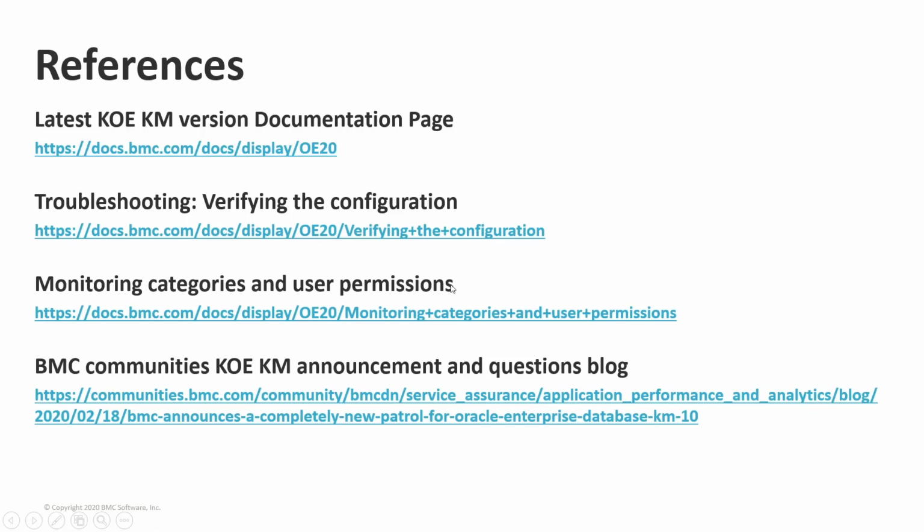Also, the most important page in this KM, the monitoring categories and the permissions that you need to check and provide to your DBAs to create the monitoring user. Also, we have in communities a blog where you can consult, put your questions, and other community members, also support personnel, will try to answer any question or doubts.